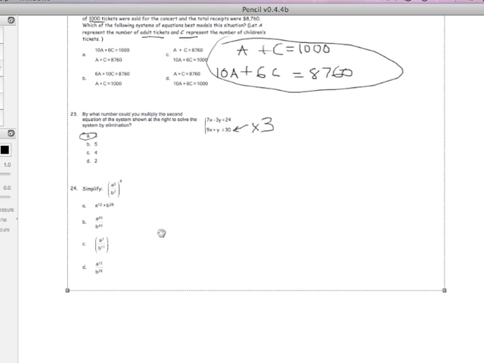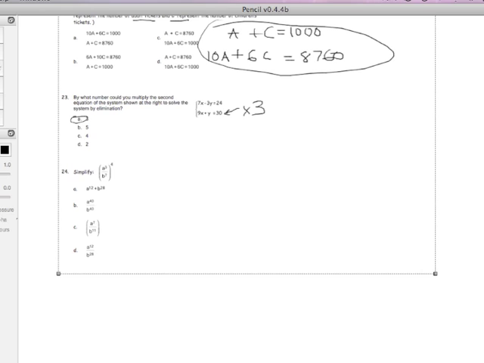Simplify this, a to the 3rd over b to the 7th to the 4th. Well, I would rather simplify something else first. Let's do a squared over b to the 3rd squared to know exactly the right rules to use here. This is a squared over b cubed times a squared over b cubed, and that's going to have a total of a to the 4th over b to the 6th.